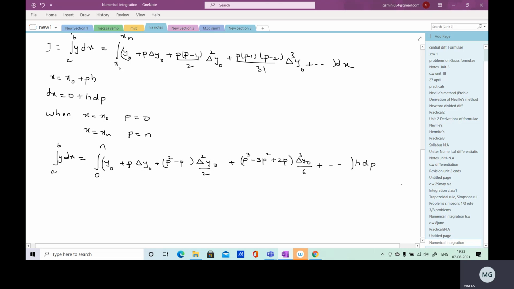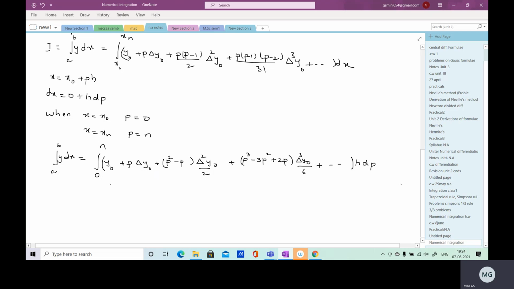Instead of writing p into p minus 1 by 2, I am writing it as p square minus p, del square y naught by 2. Plus, I multiply and write it as p cube minus 3p square plus 2p times del cube y naught by 6.